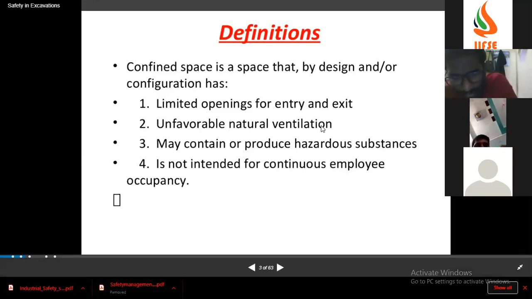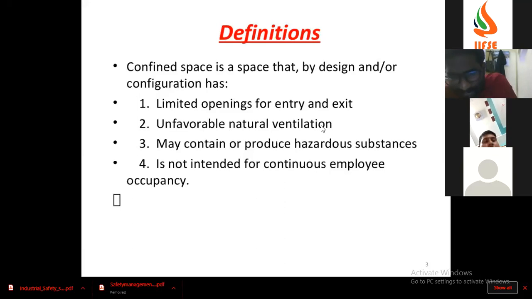Fine. Unfavorable natural ventilation. There is no natural ventilation. May contain or produce hazardous substances. What do you mean by hazardous substances? It may have H2S. The manholes in sewage, our roadside manholes, have H2S. Methane is also present in manholes. Okay.